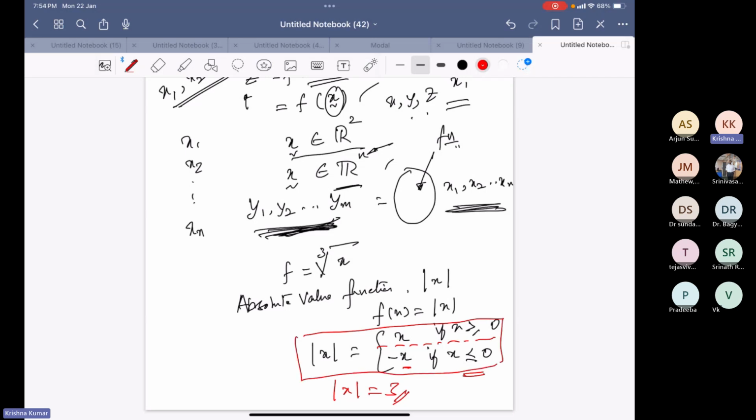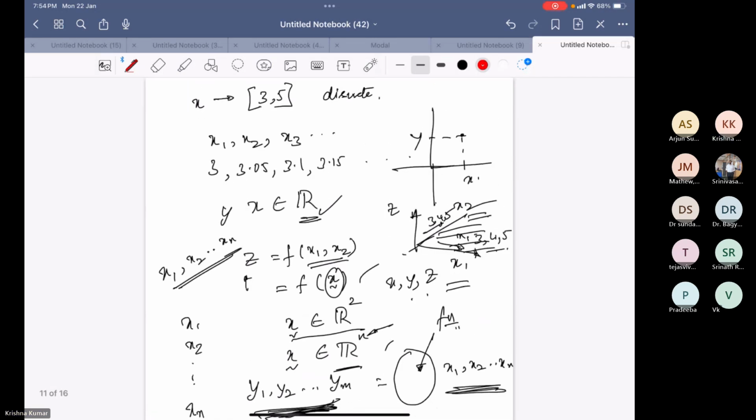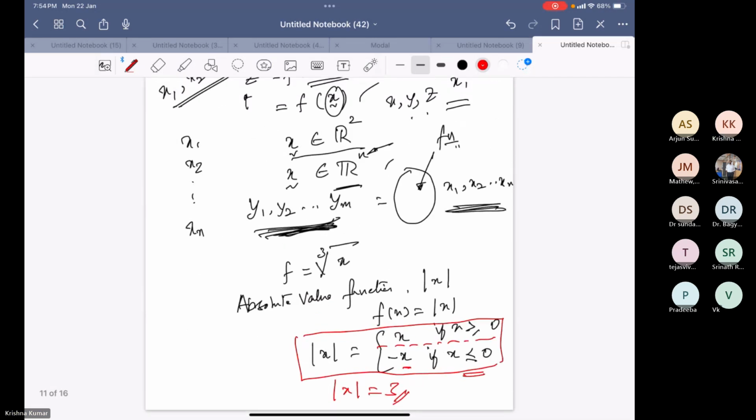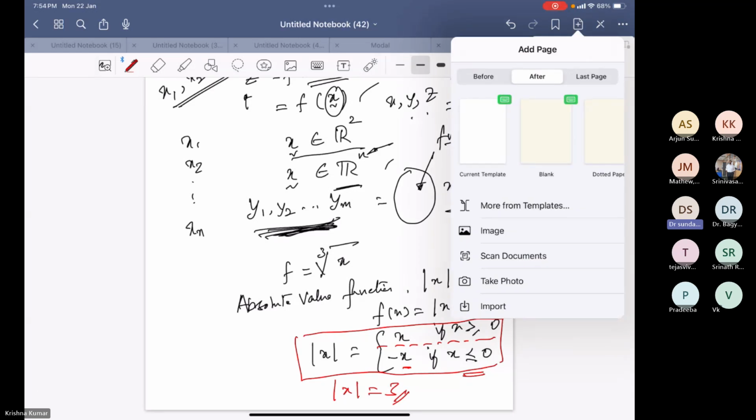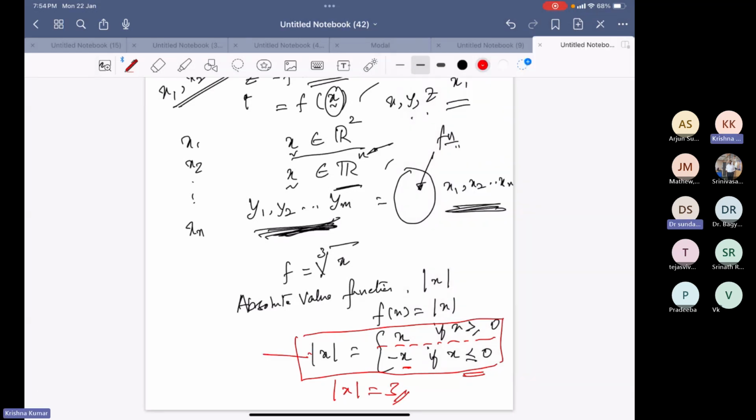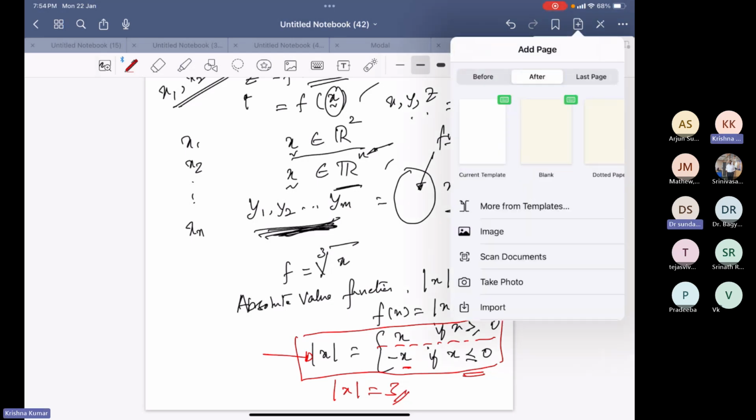It's actually a very interesting function, and mathematically there are a lot of interesting issues with it. But in pure English, it just says take the absolute value. The absolute value of minus 3 is 3. Then there won't be any minus at all in this function, if I define it like this. This is called the absolute value function.